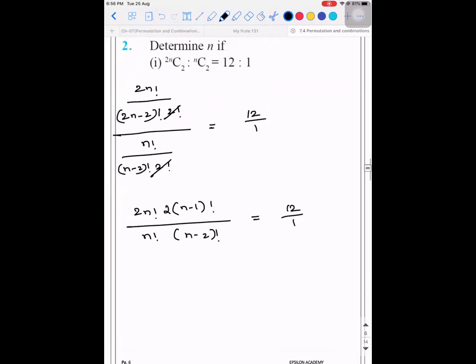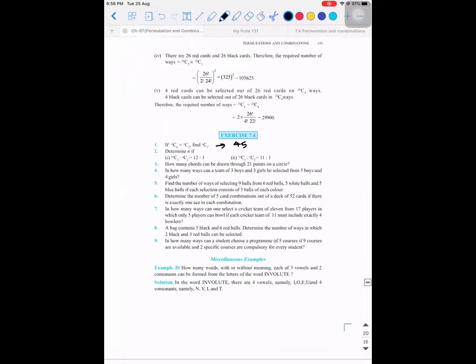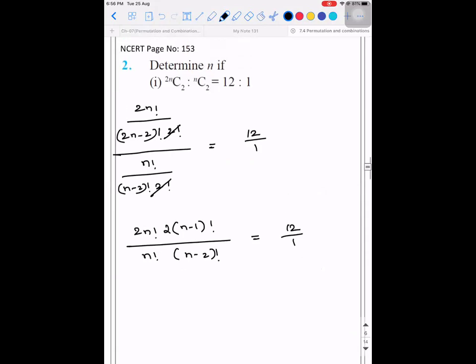So what are they asking? Determine n. 2nC2 is equal to... So how will you solve this?